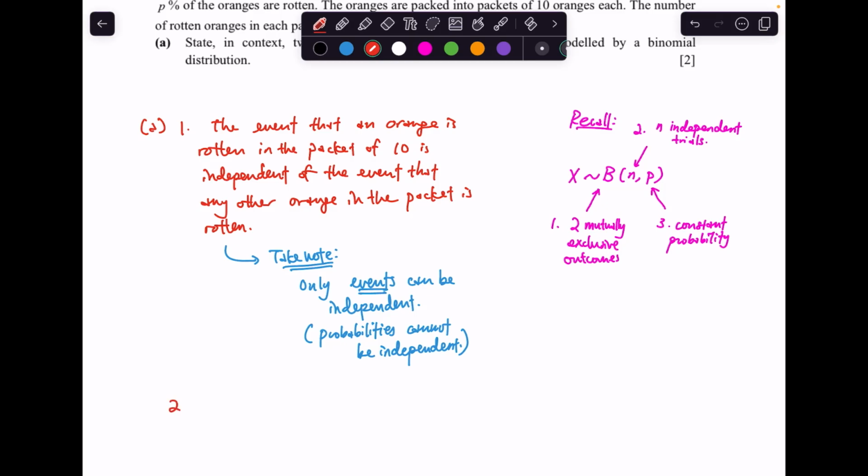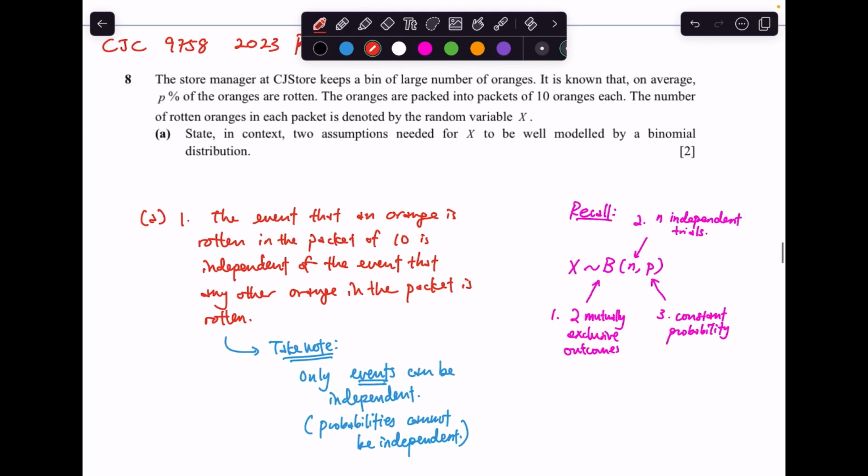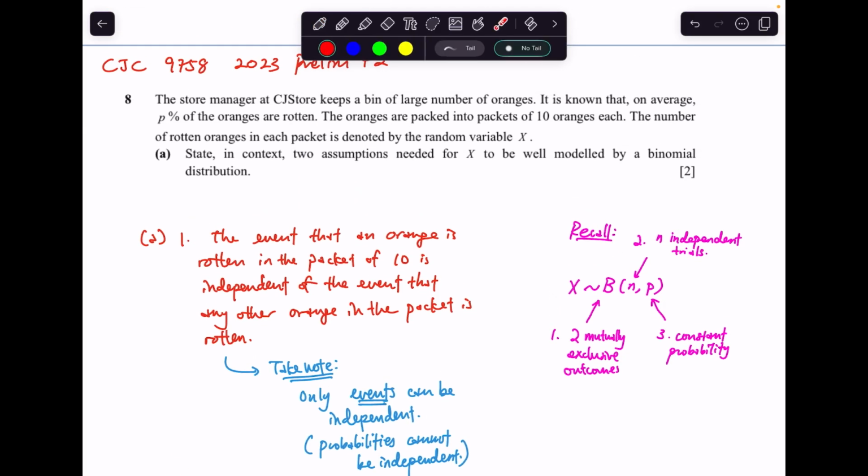Okay, next one. So we had one assumption stated already. The other assumption, we can say the probability. So because they said that on average, it is known that on average P% of the oranges are rotten, that doesn't really mean anything about the probability of each orange.